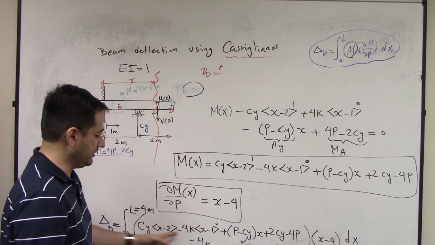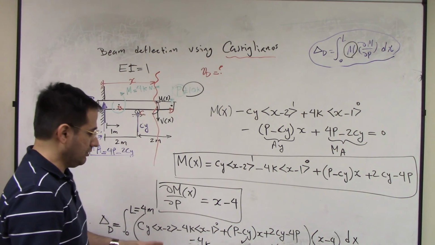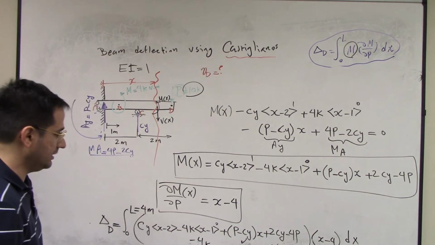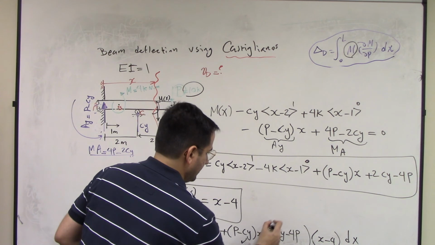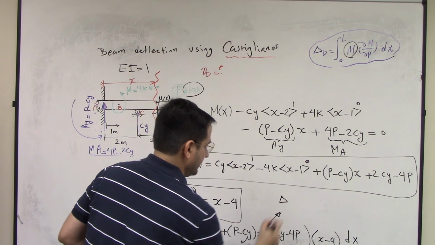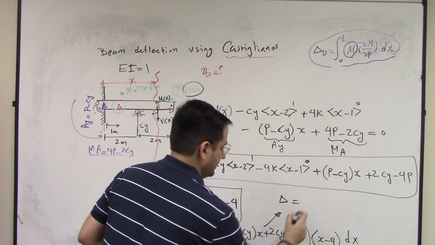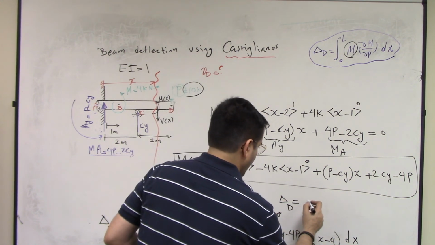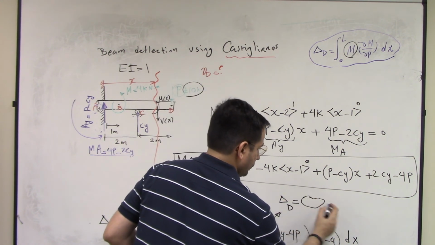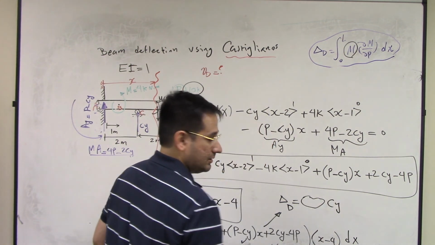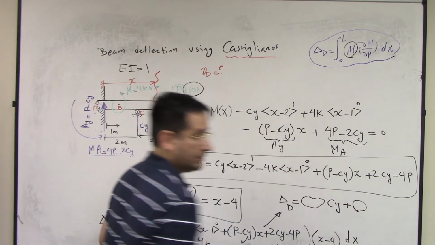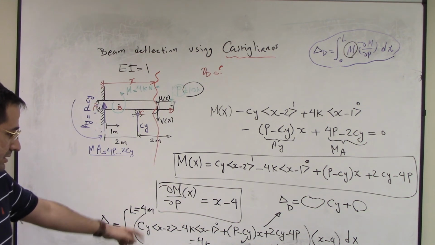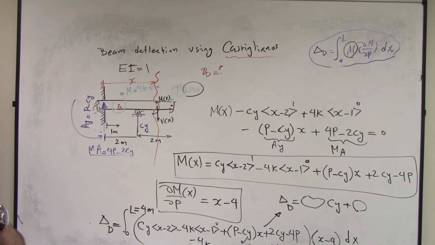You can also put this in a calculator and evaluate it. So at the end, what you get is a function. This gives you the deflection at D as some number times Cy plus another number, a linear relation. That's what you get at the end.